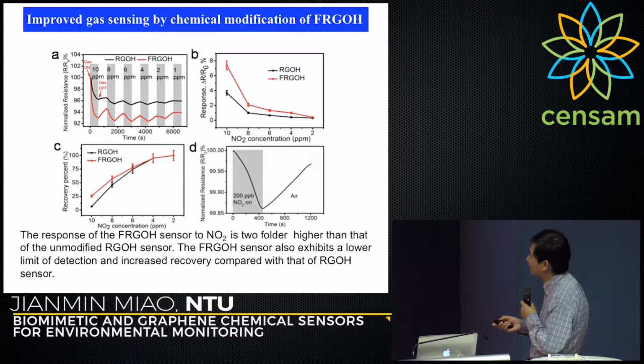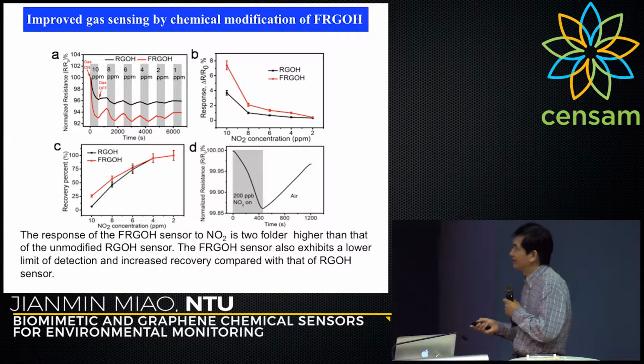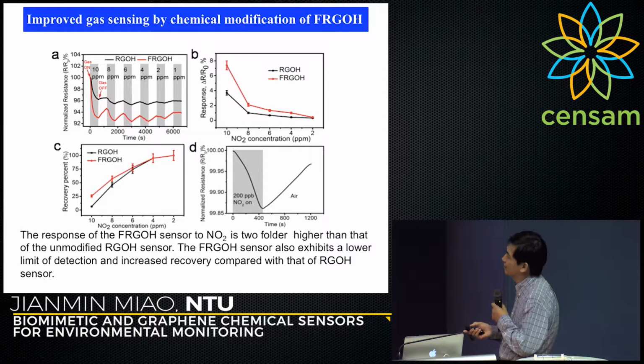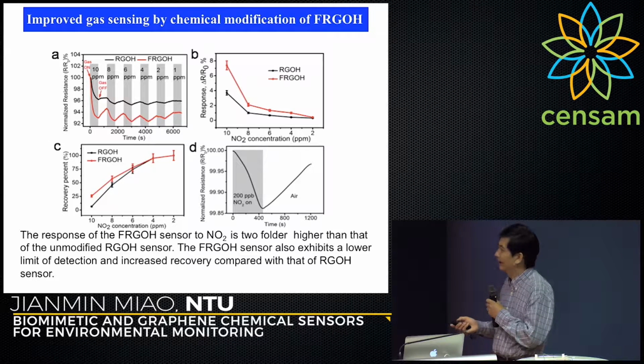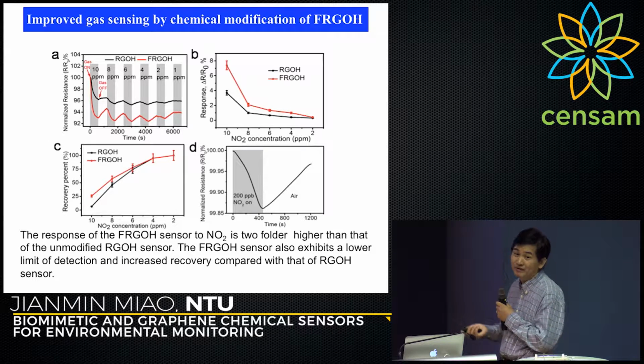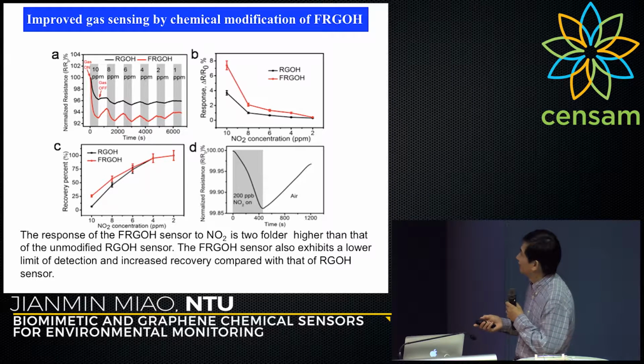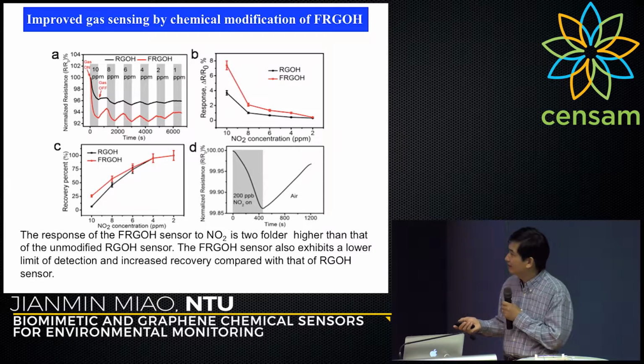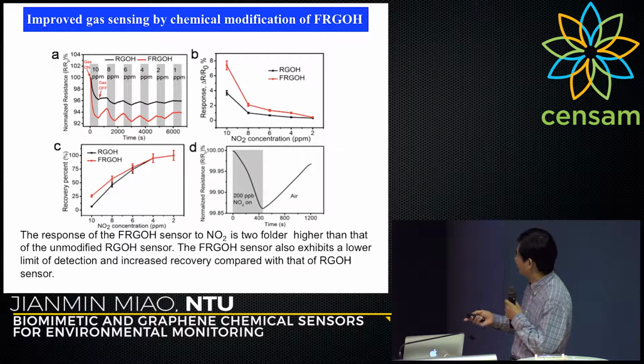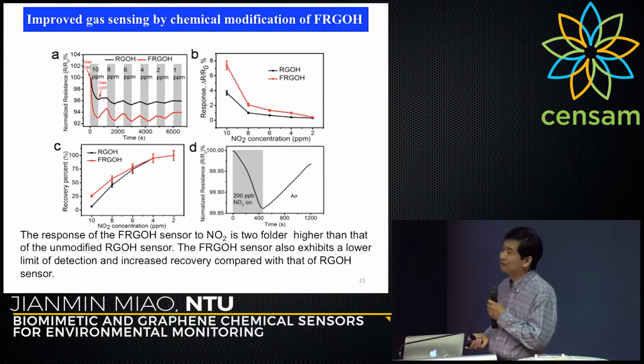Previously we had done this with RGOH only, not functionalized, and we compare with our previous result by using the chemically functionalized RGOH. Actually, the sensitivity and response speed here increased by twofold.